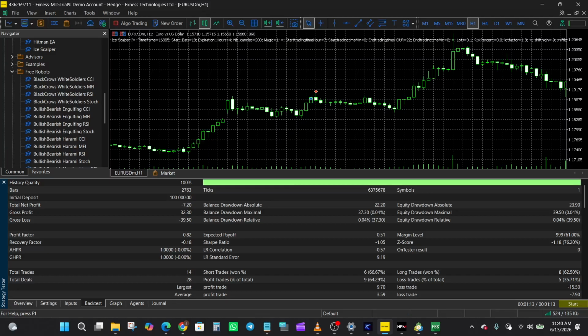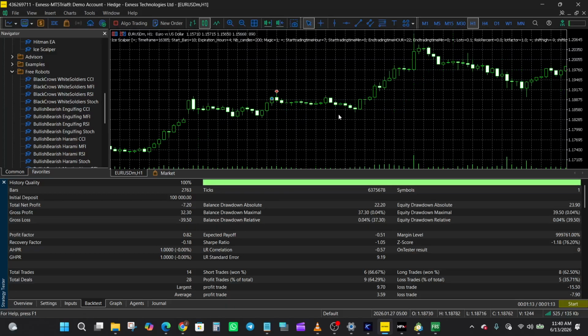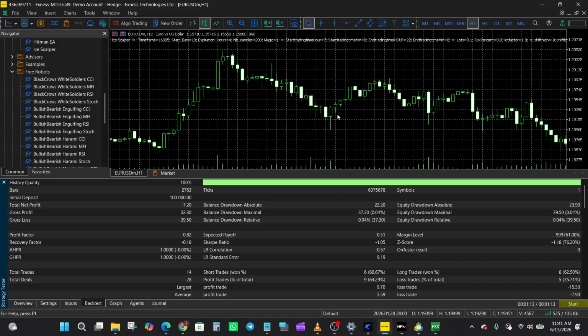Based on the information provided, entries seem to be triggered through pending orders positioned around previously identified highs and lows. All right. So the chart history can help us observe how those breakout levels interacted with market movement during the tested period and how the trade management settings influence the overall results.